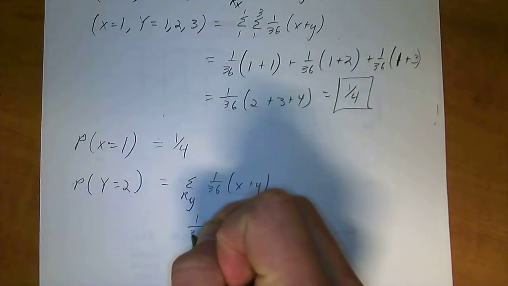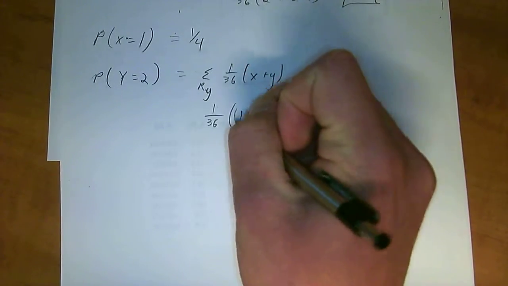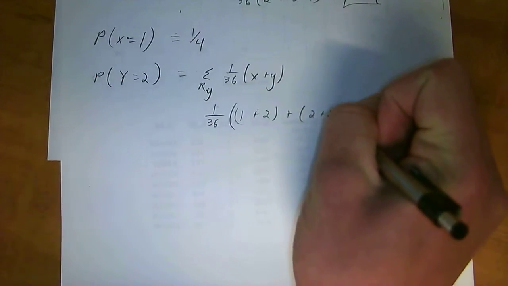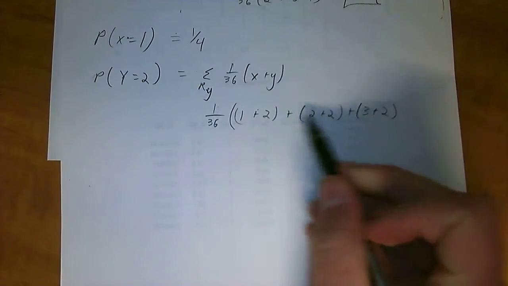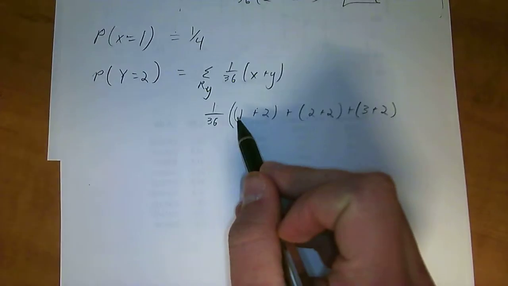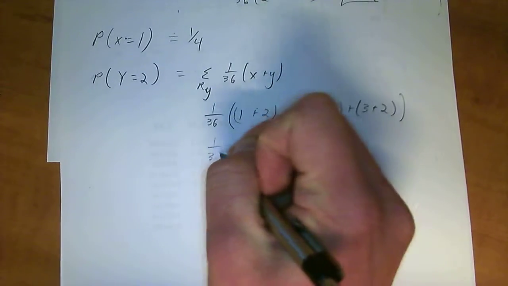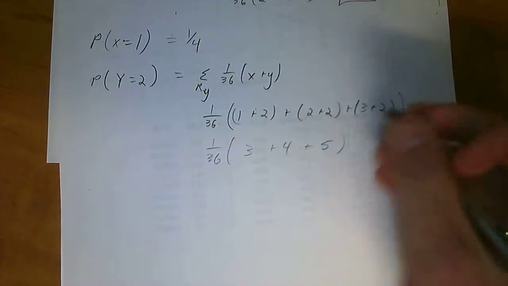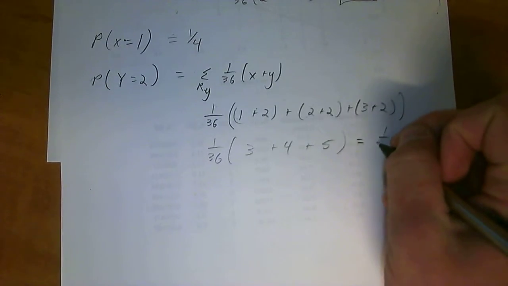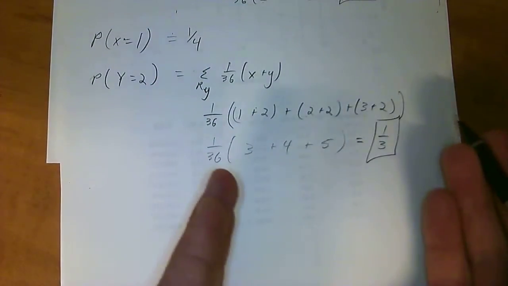So we're going to have 1 over 36 of 1 plus 2, plus 2 plus 2, plus 3 plus 2. So we keep y constant the whole time and then fluctuate through all the combinations of x, all the different partners with x it can have. So working this out is 1 over 36 of 3 plus 4 plus 5, which is 12, which is then equal to 1/3. And that is the probability of y equal to 2, where you have all the other x's along with it.